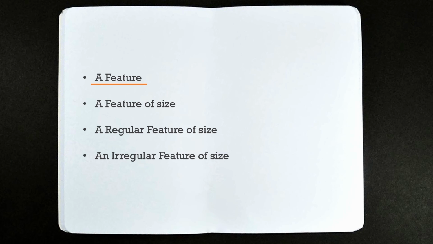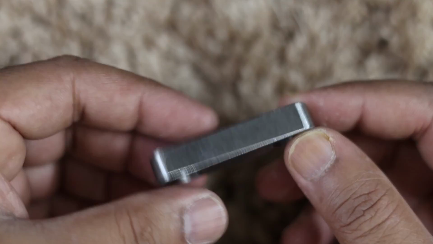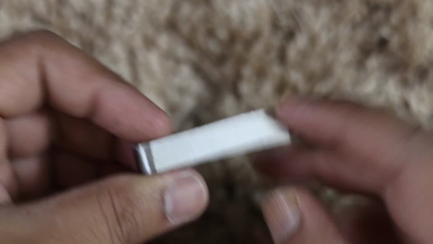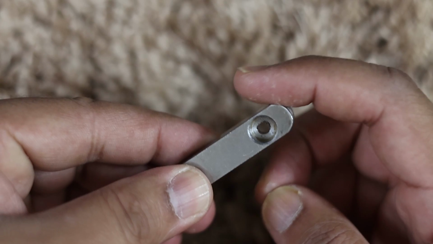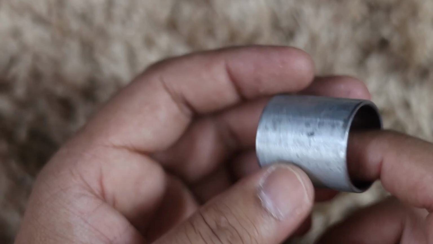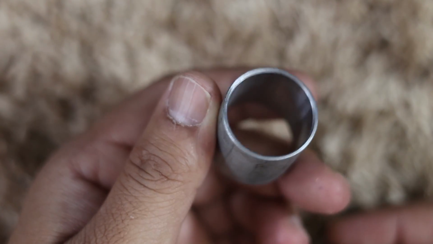So the first is feature. A feature is everything that can be touched. Or we can say that every surface of a part is a feature. Like this face, this back face, or this radius curved surface, this whole surface, everything is a feature.